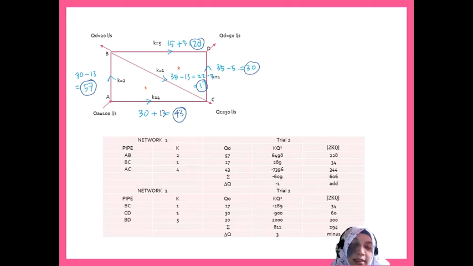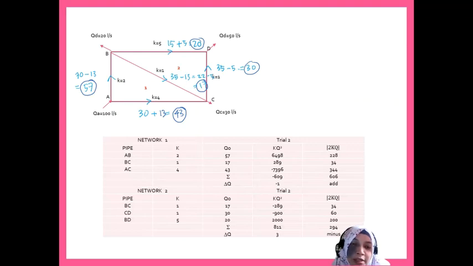In the second trial, we have a clockwise direction, so we have to minus: 70 minus 13, and in the opposite we have to add: 30 plus 13, 43.